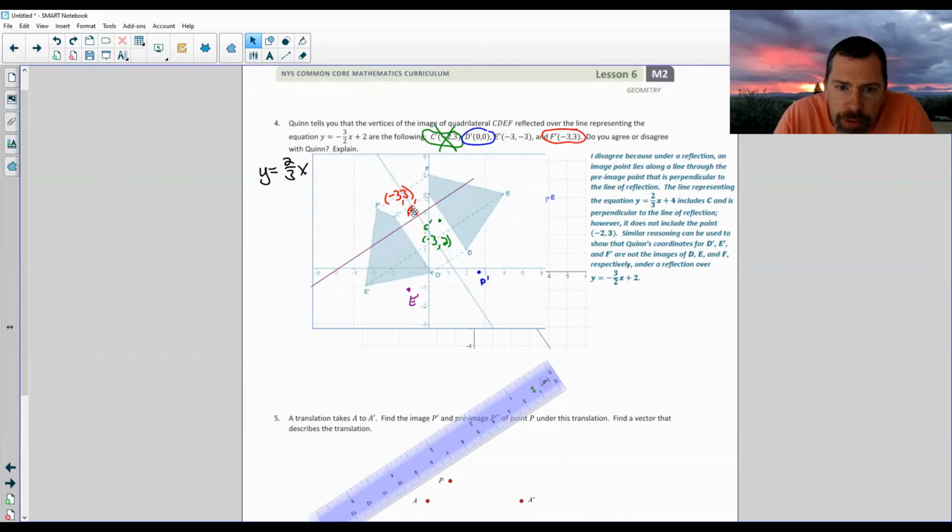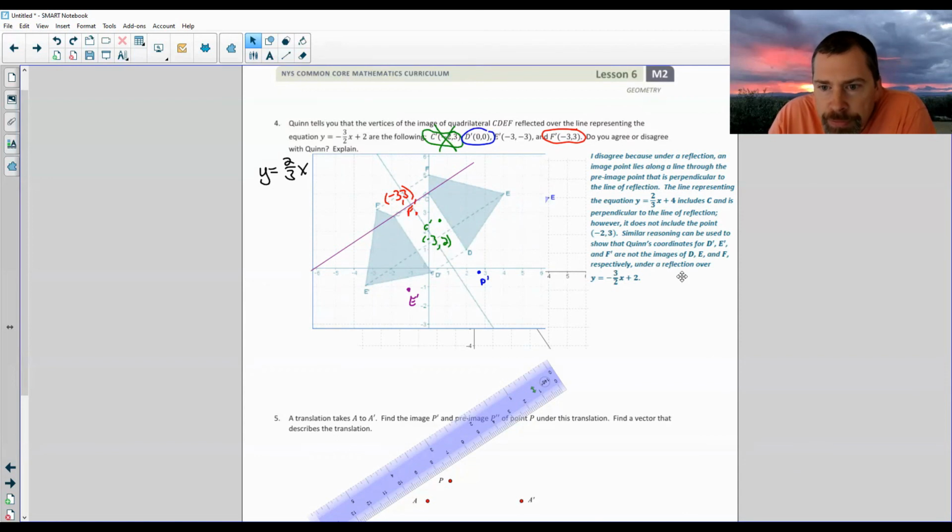So if I move this over to that one, and the reason I chose that is because it's right on the y-axis, so you know your y-intercept is 4, and the equation would be the same for F. It'd be y equals 2/3 x plus 5, and then these would be fractions for the y-intercept or the constant. Okay, so however, it does not include the point -2, 3.